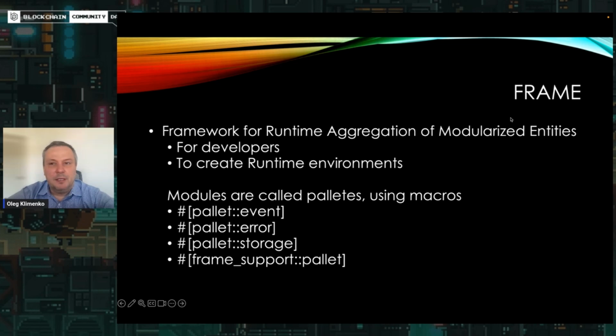FRAME is a framework inside the blockchain to create runtimes. In other words, a runtime means a node, a version of a node, and it could be customized because we use pallets. A pallet is a module inside Polkadot, and it could be addressed using macros.